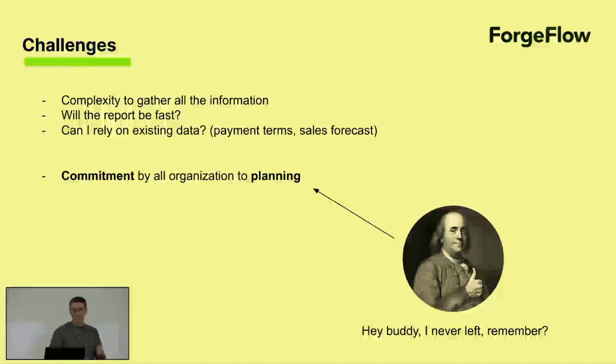Is the sales forecast good enough? That means someone else has to plan. Most important is the commitment of the whole organization to planning. People have to spend time preparing and feeding the system with data so that the financial team can extract useful information. It's very common that Odoo people are minded to use the system as a transactional system, to report what has happened historically, or is happening now, or needs to happen immediately.